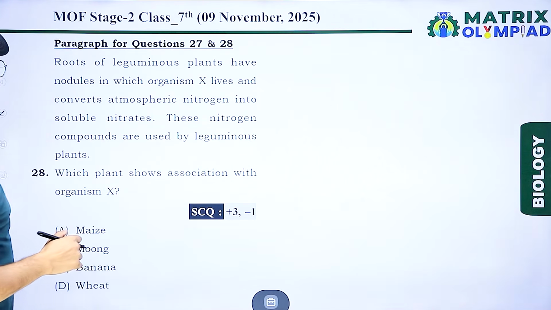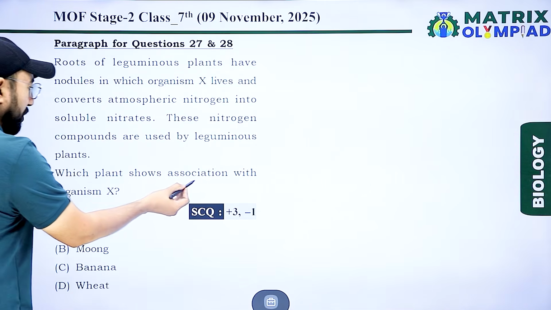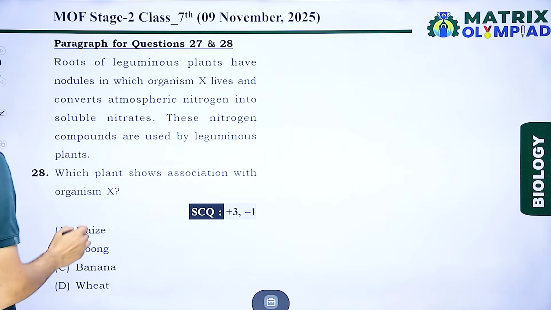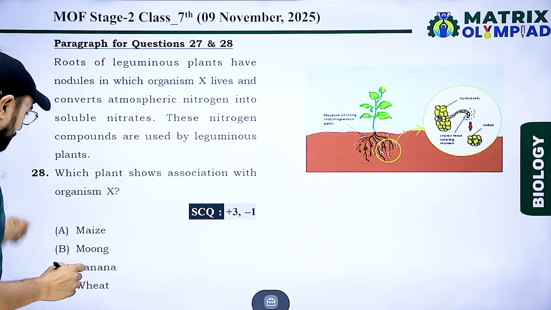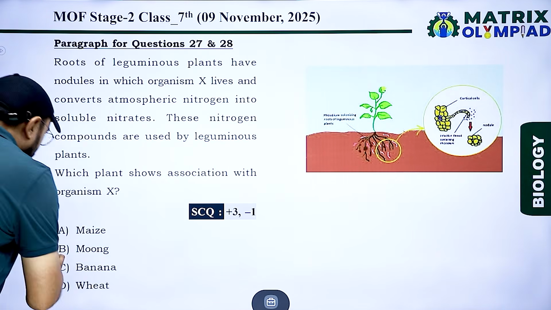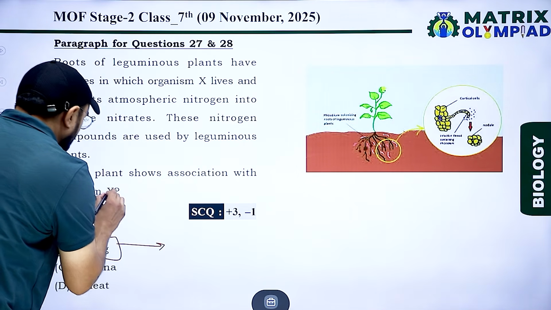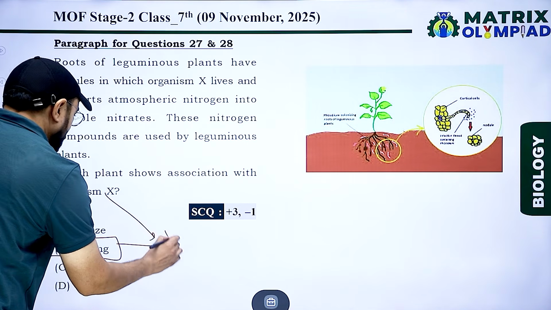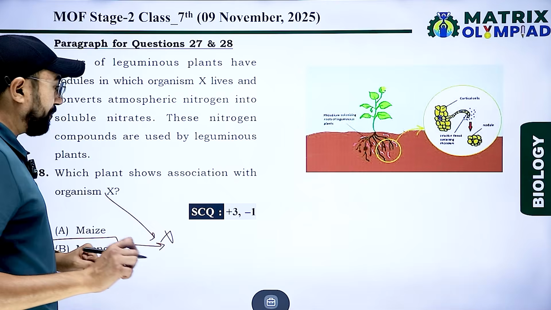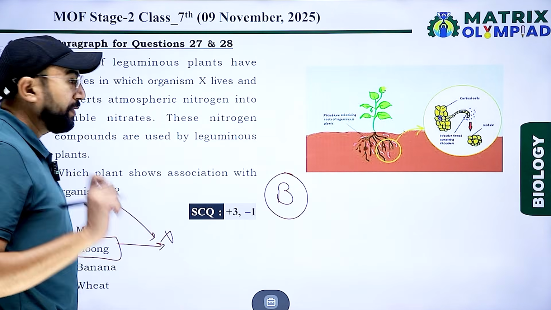Next, which plants show association with organism X? Maize, moong, banana, and wheat. Moong is a pulse plant. X is related with the moong plant. So option B is right.